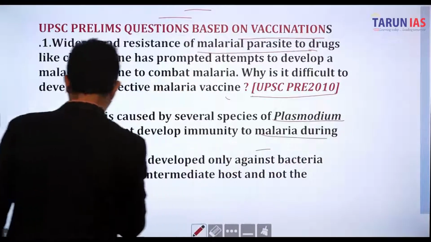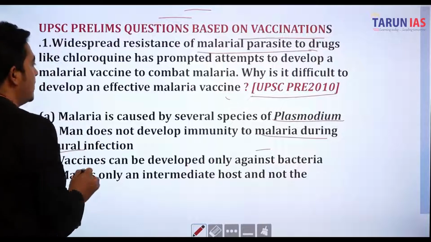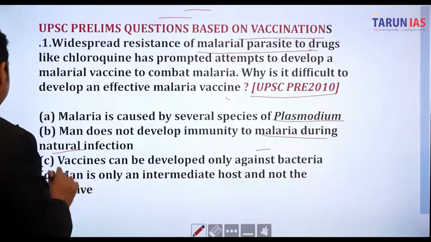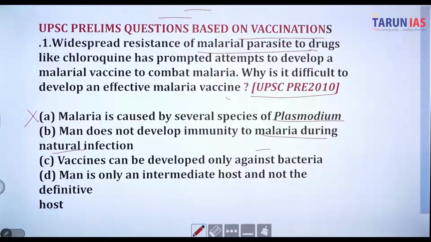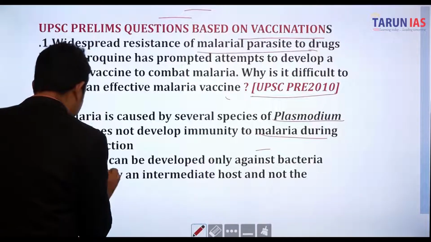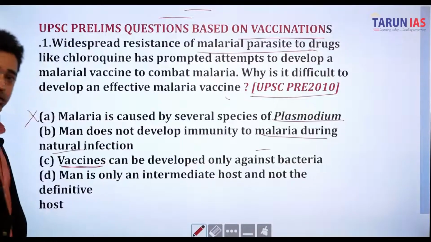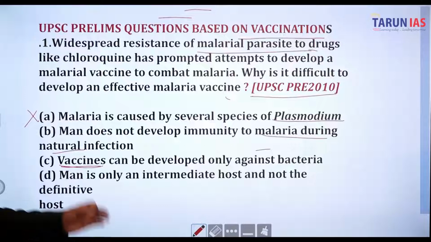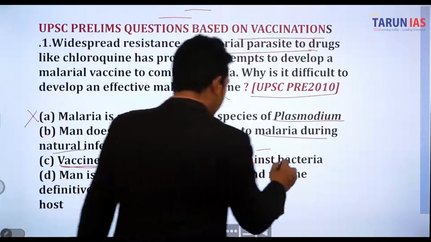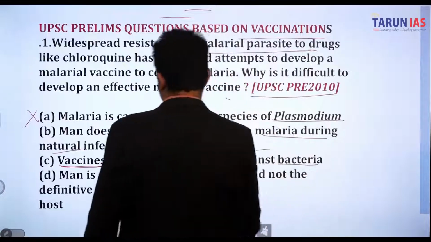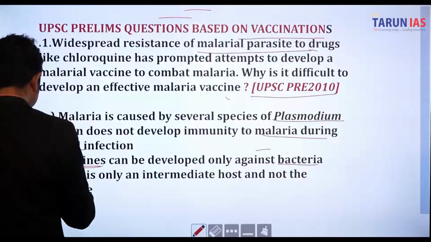First option we cannot say, because several species of Plasmodium, that we cannot say. Option C, vaccines can be developed only against bacteria. As we can see, COVID-19 is a virus, right? So can we say the vaccine is only developed against bacteria? No, it is also against viruses, fungi also. So option C cannot be.